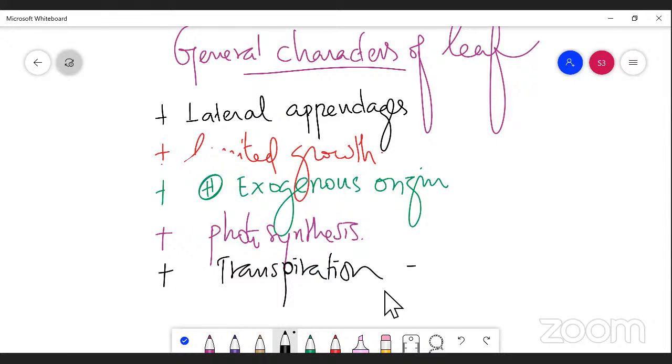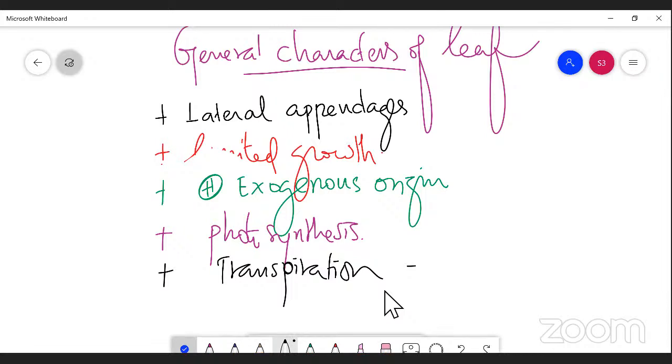It has a limited growth and is exogenous in origin, and it also performs photosynthesis. Transpiration also takes place by leaf, because leaf is a photosynthetic organ that performs both photosynthesis and gaseous exchange. That is also one of the important characteristics of leaf, right? It is a very thin blade-like structure, right?